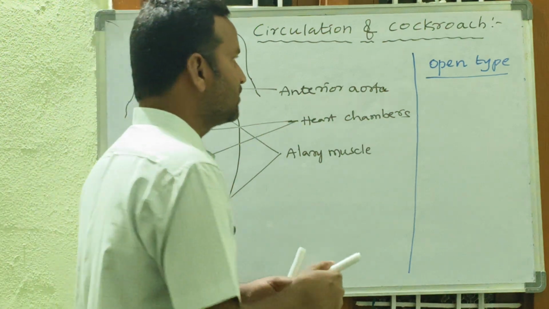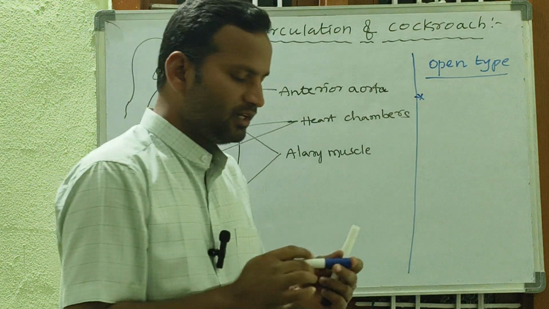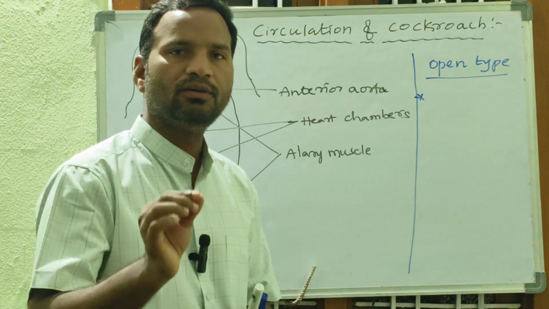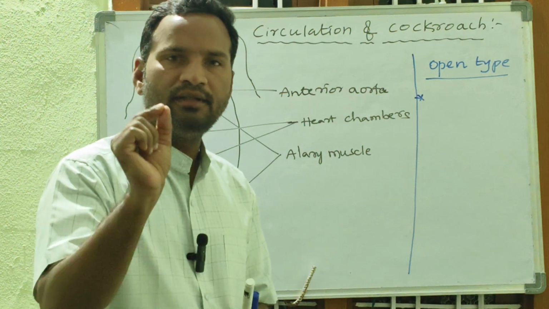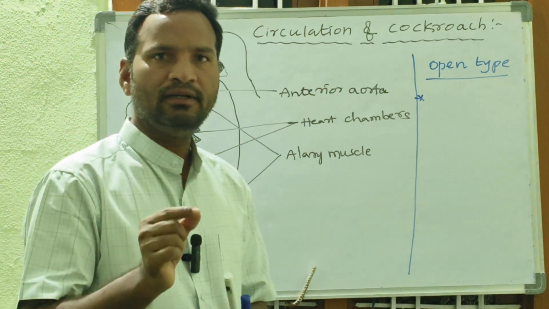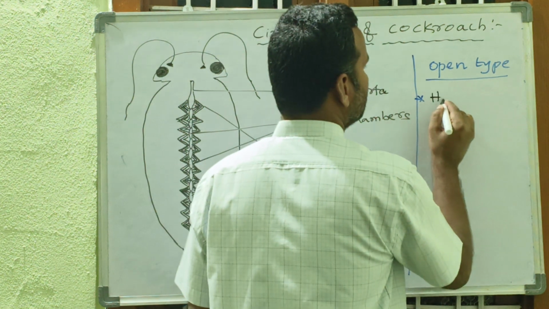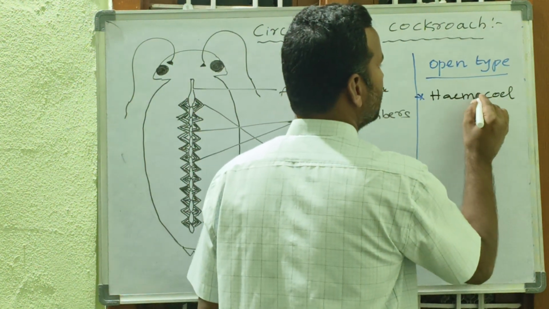Now the next point is that the circulatory system of the cockroach includes the hemocoel, then the heart, then the blood. Now let us discuss it. Number one, the hemocoel.